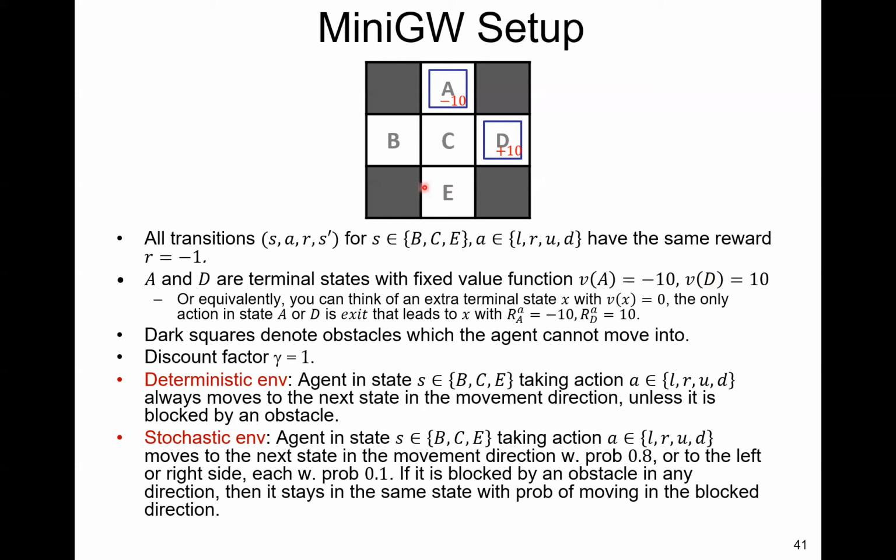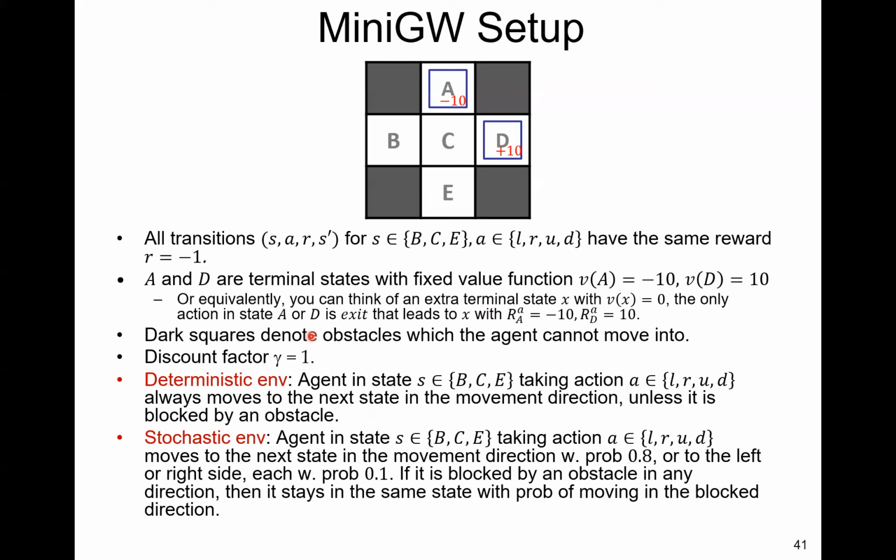The dark squares indicate obstacles which the agent cannot move into. The discount factor is 1, so there's no discount, for simplicity. There are two types of environments.